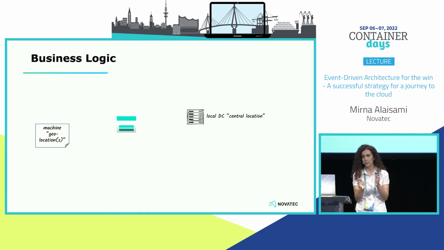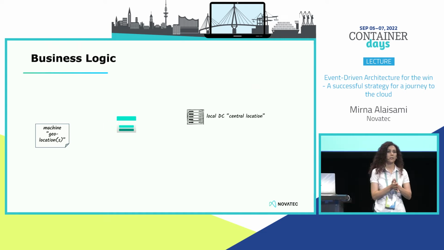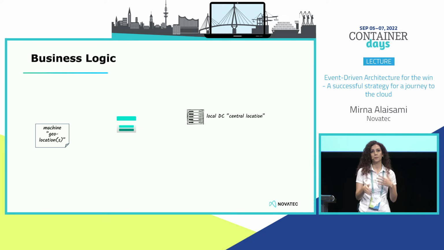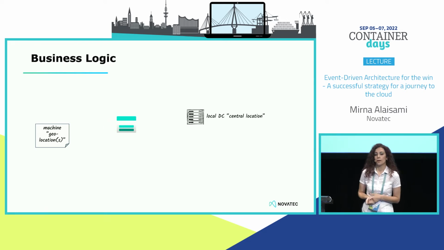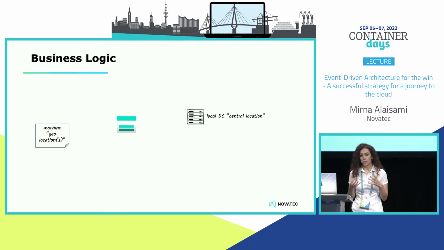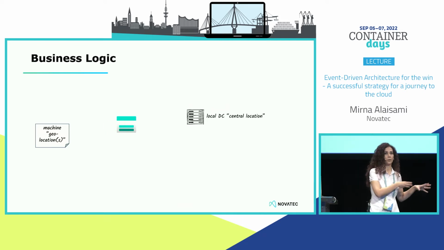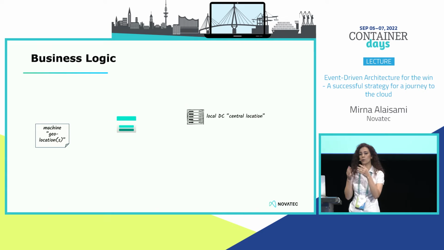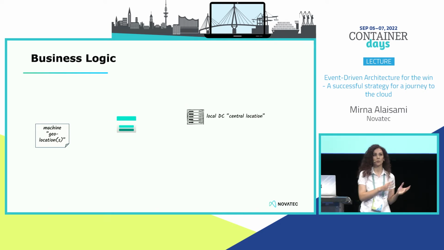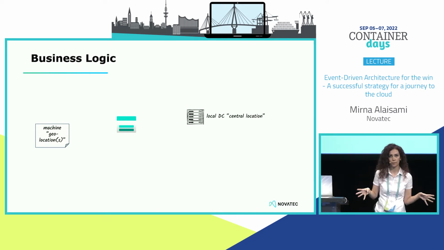As we said, they had different machines, and each machine can belong to many different geolocations. And they also had local on-premise data centers in those different geolocations and a central location where all the data should be downloaded about all the machines.